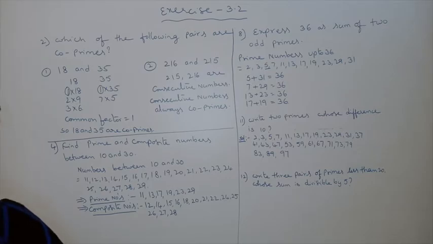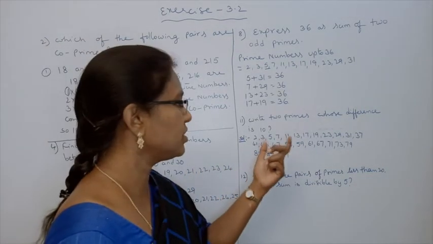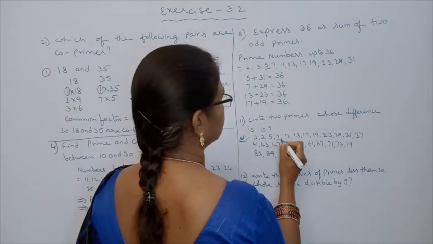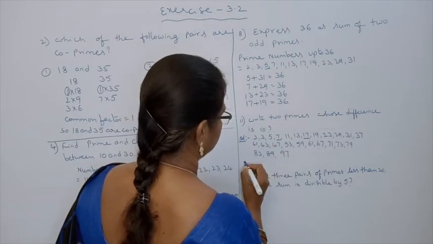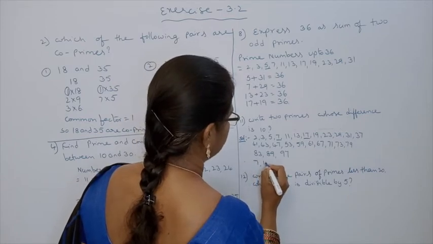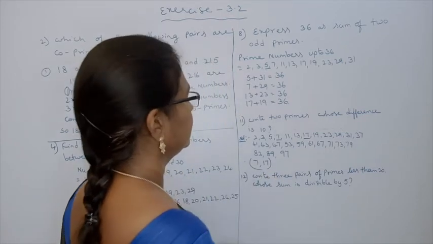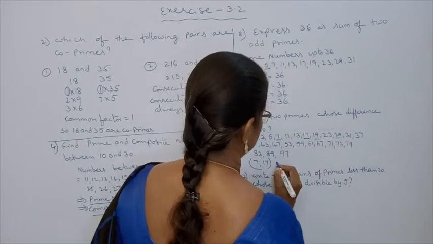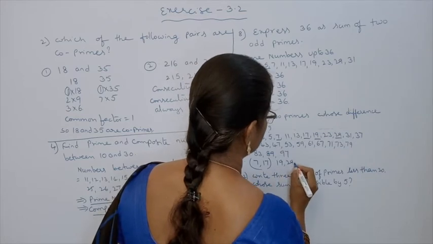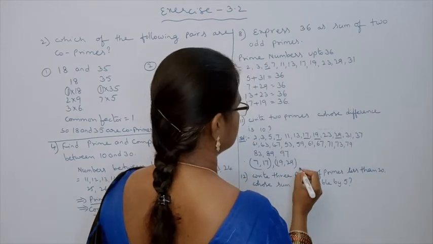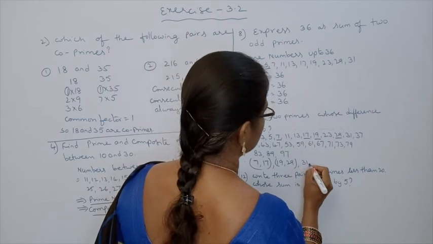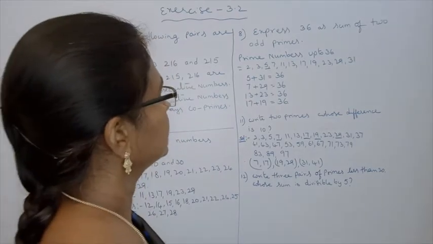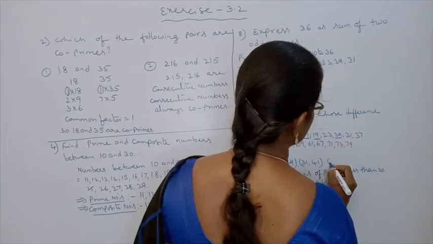From this, we have to choose two primes whose difference is 10. 7, 17: the difference is 10. Next, 19, 29: 29 minus 19 is 10. Next, 31, 41. Next, 61, 71.